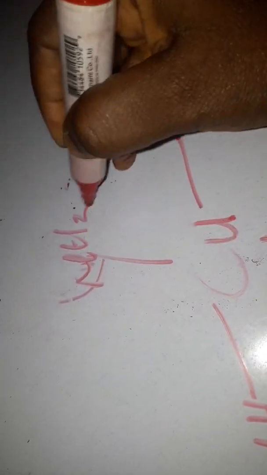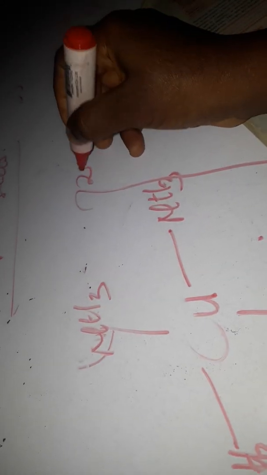Here you have copper, this is what we call a complex ion. We have tetraamine copper(II) ion, because of the 2 as the net charge.